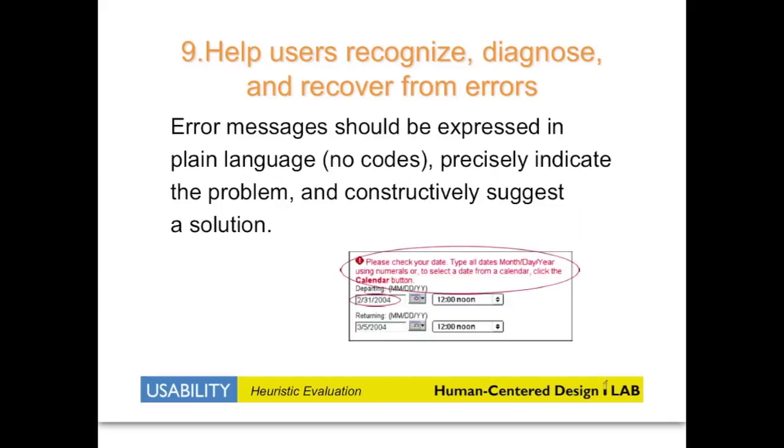Help users recognize, diagnose, and recover from errors. The error message should be expressed in plain English, no code, and it should be precise and indicate the problem, like please check your date, like month, day, and year. This error informs really clearly.